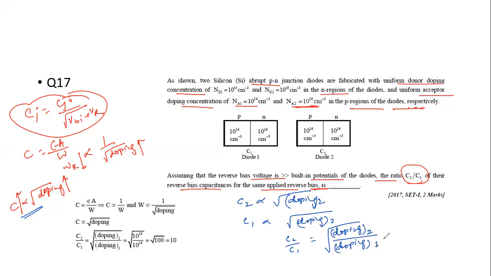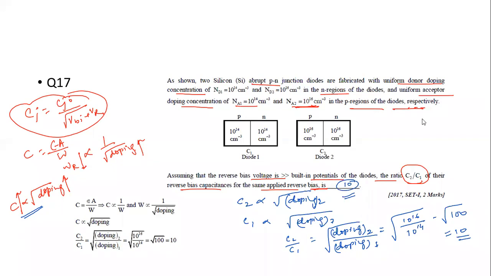This is under root of 10 to the power 16 upon 10 to the power 14, which is under root 100, and this is equal to 10. So the right answer is 10.